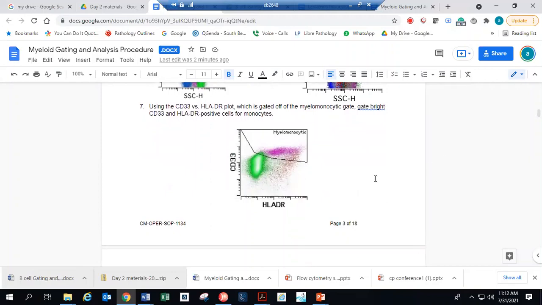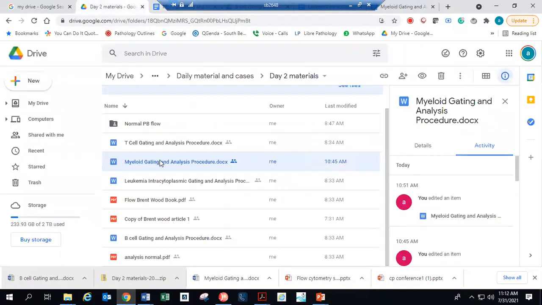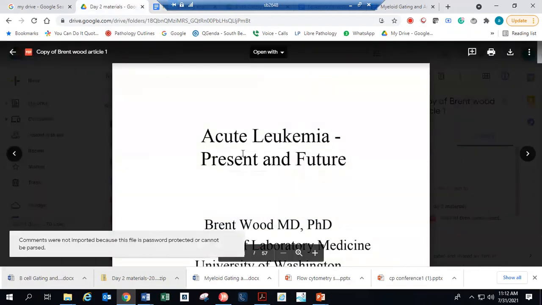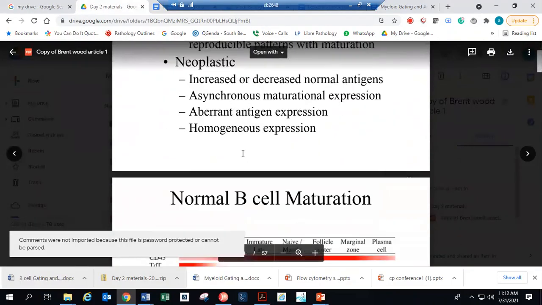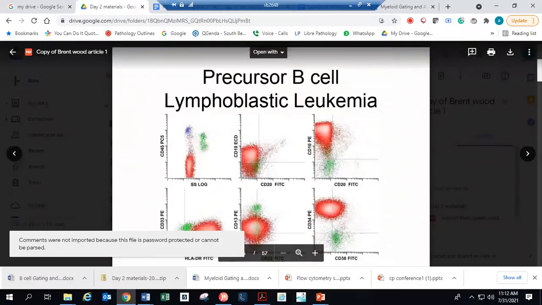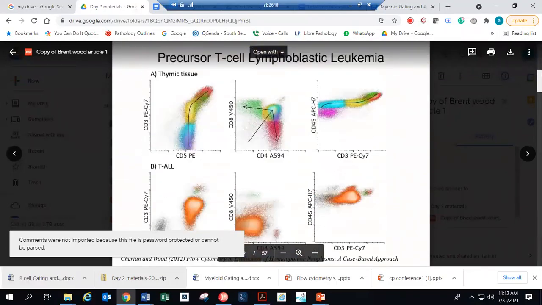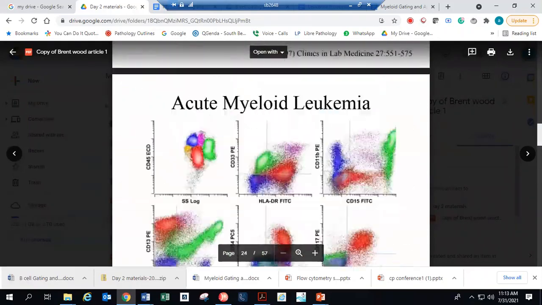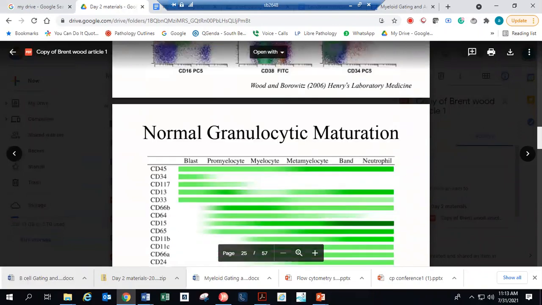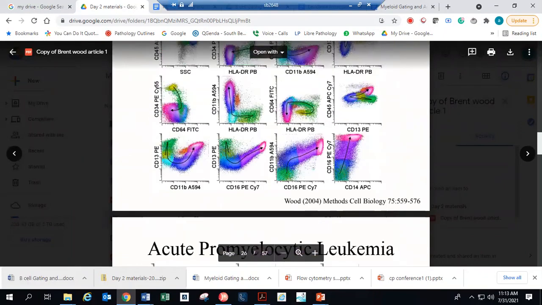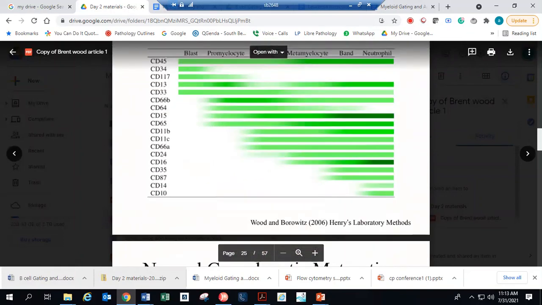So myelomonocytic, let's go to the Brentwood article again, that will be easier, because we have already read this Brentwood article yesterday. This is B cell. Let's see. Granulocytic. I'm going to go a little bit to granulocytic and monocytic again in order to understand what I am showing there.